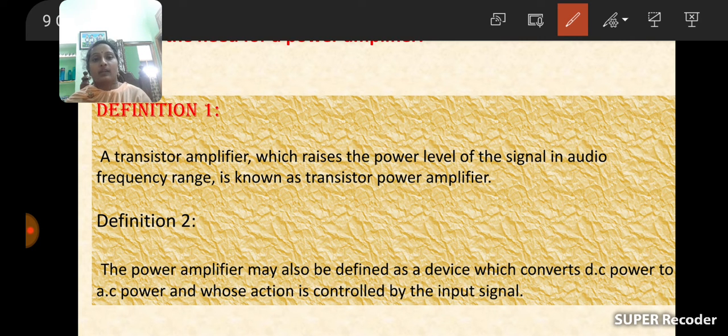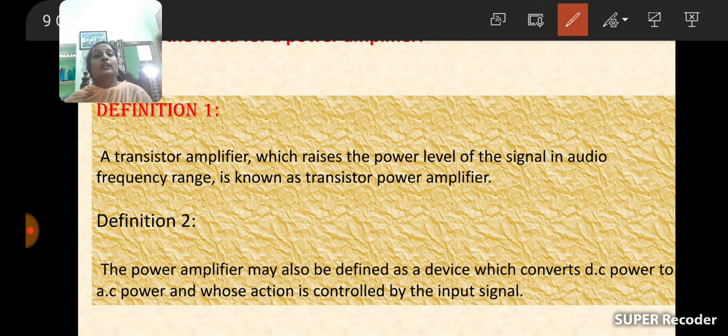What is meant by power amplifier? It is an amplifier or a transistor which raises the power level of a signal. How many levels are there for one signal? Voltage level, current level, and power level.